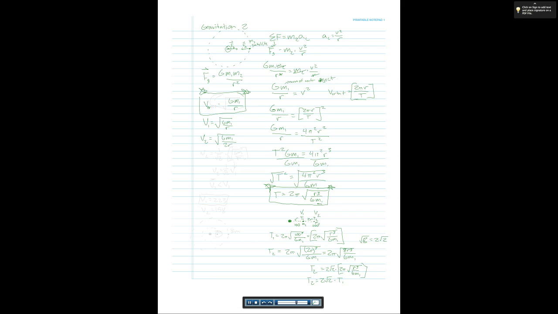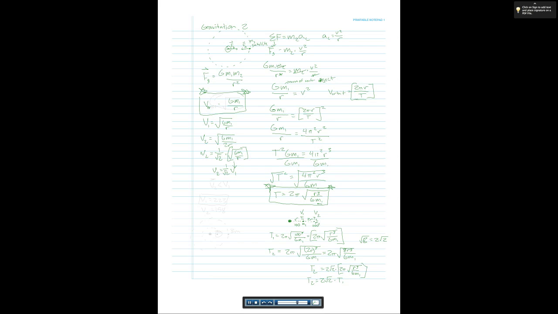So if I get this in terms of V1, it would be 1 over the square root 2 times the square root of G M1 over R. And this is V1. So V2 is 1 over square root 2 times V1.